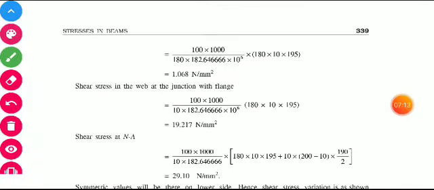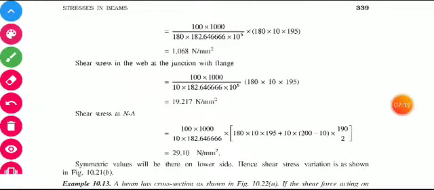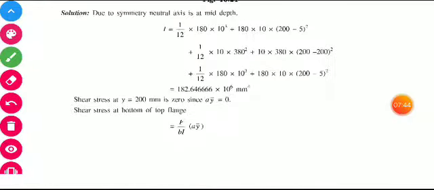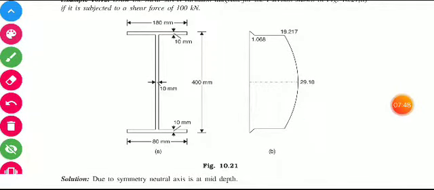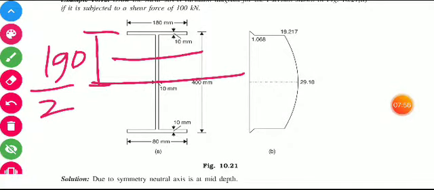So 180 into 10 into y bar 195, plus 10 into 200 minus 10, that is 190 by 2, into 190 by 2, which is its y bar.